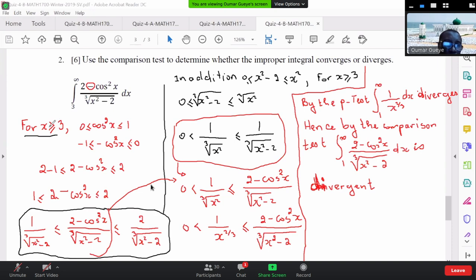So if the smallest value for x is 3, if you square it and subtract 2, it becomes positive. That's why I said x squared minus 2 is positive if your x is greater than 3. And for the second inequality here, if you take x squared and subtract 2, it's going to be less than x squared. If you take any positive number and subtract 2, you get a number which is smaller than your initial value.